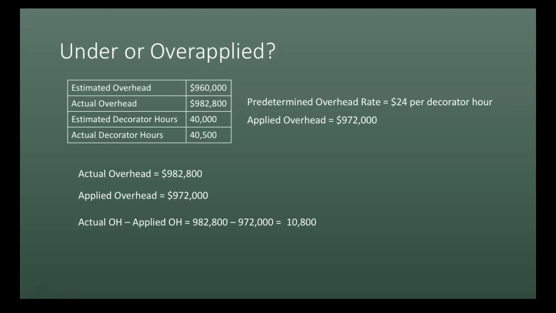Now, was it under or over applied? So we take a look back at our actual versus applied overhead amounts. Since our applied overhead is less than our actual, this is under applied. Let's say our applied overhead was $1 million. Then, since our applied would have been greater than our actual, it would have been over applied.